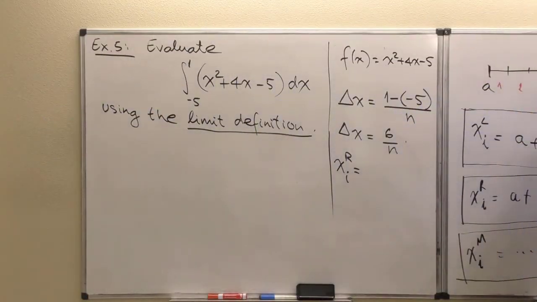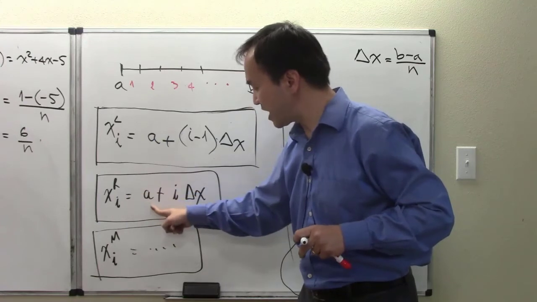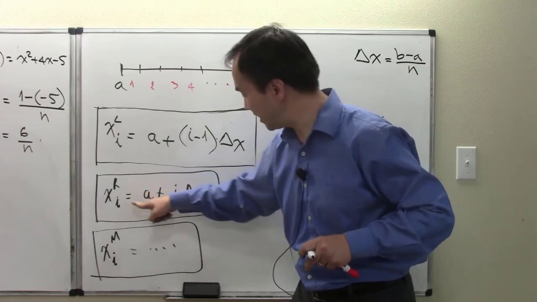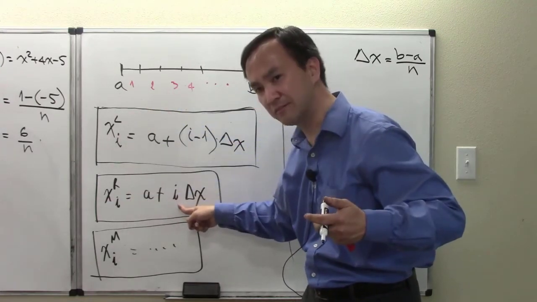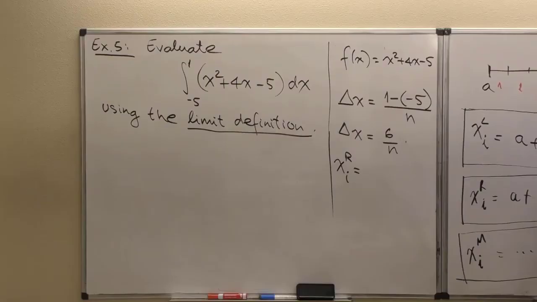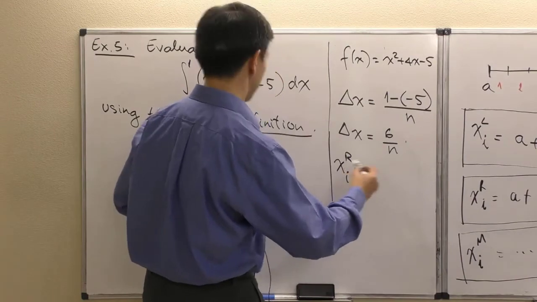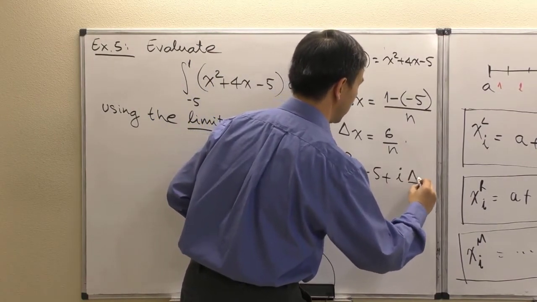The general rule to regulate any right endpoint at any ith interval is a, the starting point of the overall interval, plus i times delta x, the spacing. So it's going to be -5 plus i times delta x.